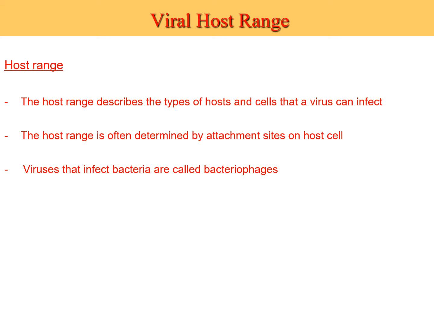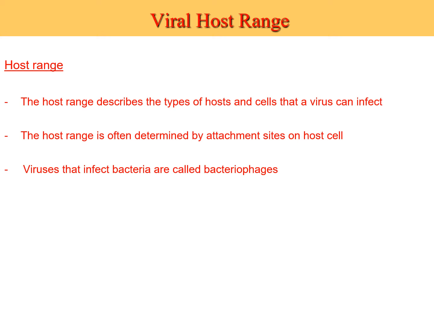So host range is important to consider, whether it's animal, plant, fungal, protist, protozoal, or bacterial phage, bacterial viruses. And also there are subcategories of cells. Not every cell type in a host can necessarily be infected.